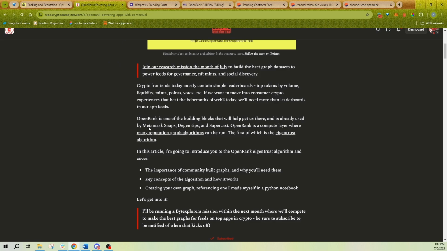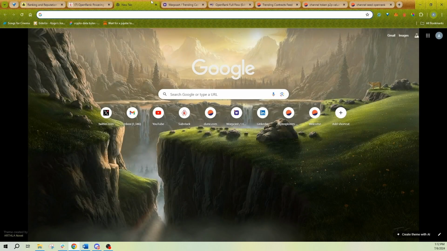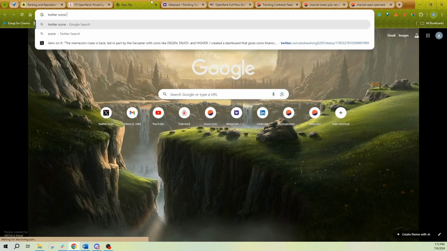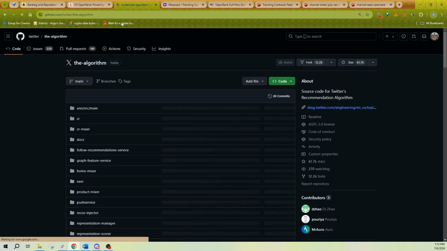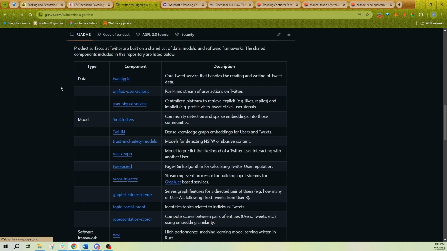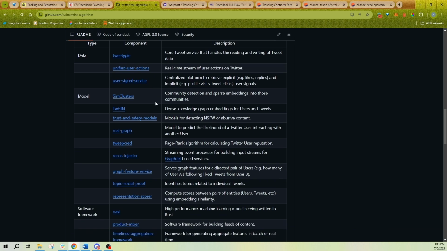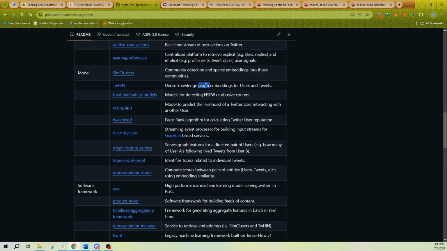For these kinds of feeds, a lot of them, for example Twitter, have a fairly complex machine learning plus graph algorithm repo. Twitter has the algorithm repo, and you can see there's pre-processing of data: tweet data, user actions like likes or retweets, I've forgotten the Twitter name for it, profile visits, clicking into a tweet, etc. And then they have models: community detection, graph embeddings, and PageRank in here.